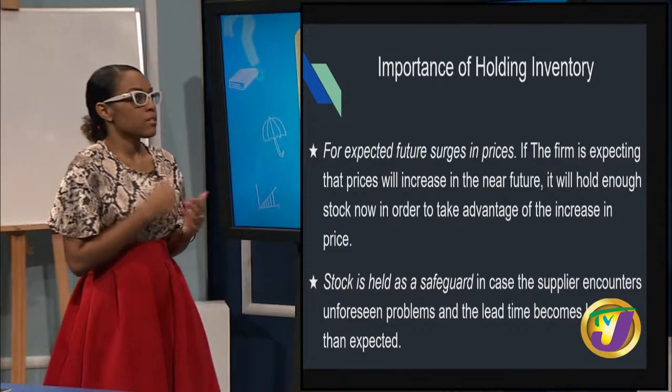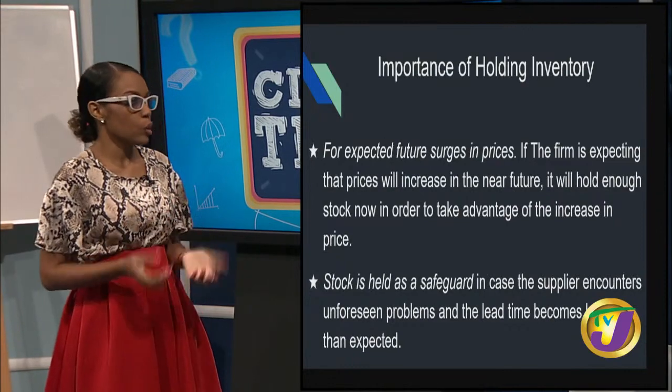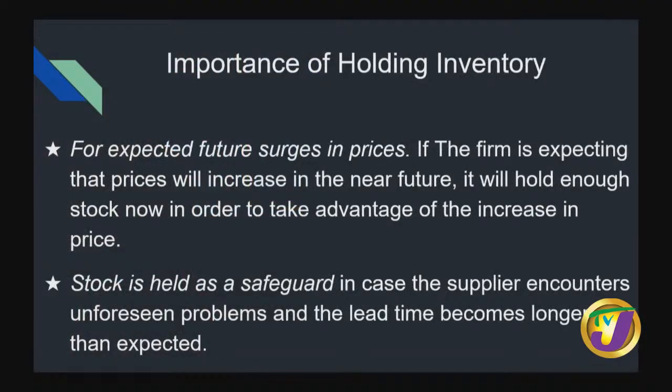All right? Stock is held as a safeguard in case the supplier encounters unforeseen problems and the lead time becomes longer than expected. Because remember, we don't just have machines working in the company, we're humans and we do make mistakes.